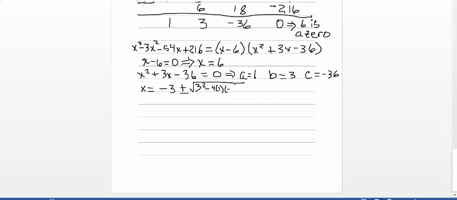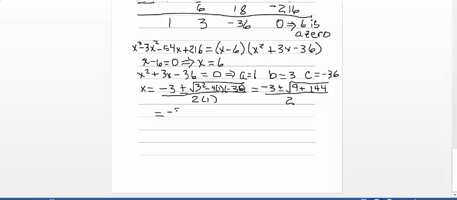So 3 squared minus 4 times 1 times negative 36, divided by 2 times a, which is 2 times 1. So this is negative 3 plus or minus the square root of 9 plus, I have a double negative there, 144. And all of that is over 2.